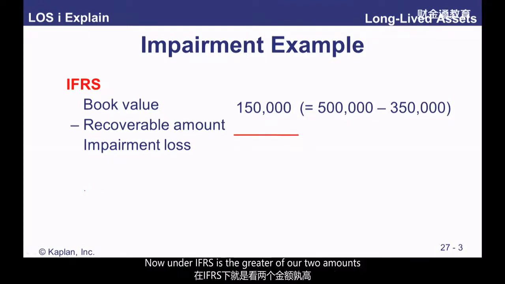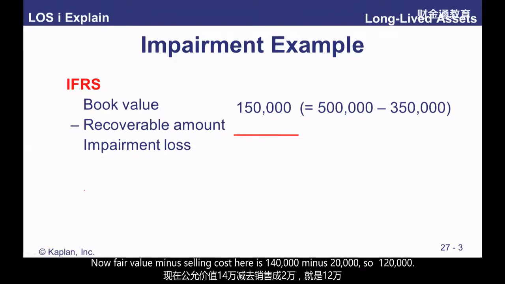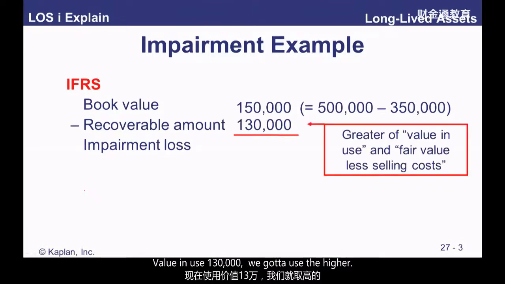Recoverable amount. Now under IFRS, it's the greater of our two amounts. The greater of fair value minus selling costs, or of course value in use. Now fair value minus selling costs in here is 140 minus 20, so 120,000. Value in use 130,000. We're going to use the higher. So value in use in this case is 130,000.